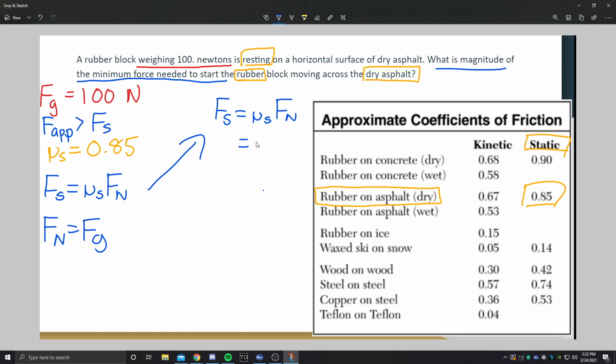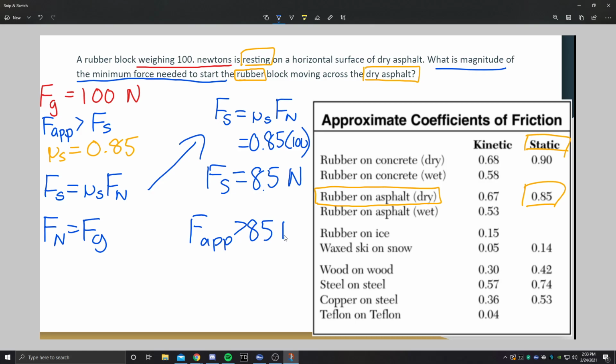So 0.85 times 100, and then you should get 85 newtons. And so as long as your applied force is greater than 85 newtons, you get the object to start moving.